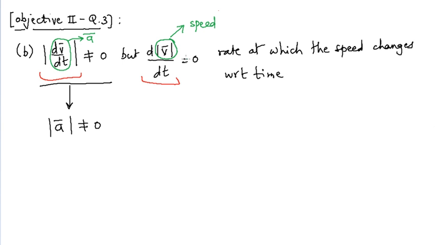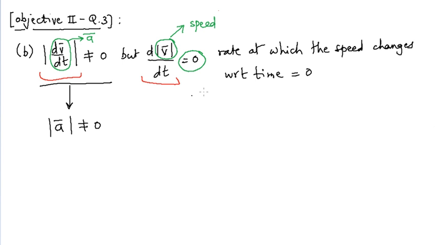And to understand this entire equation, note that this particular rate at which speed changes with respect to time is equal to 0. Now whenever the rate at which something changes with respect to time is equal to 0, it means that that thing doesn't change at all.